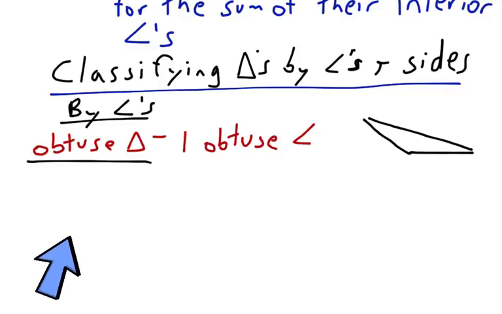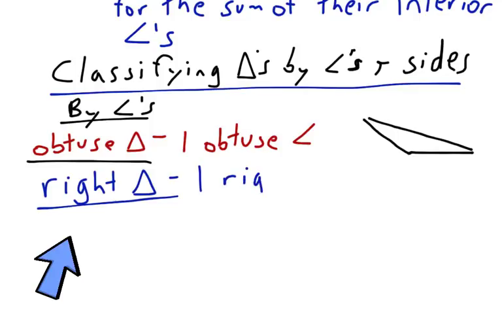Alright, next up, let's talk about a right triangle. And just like obtuse, it only takes one obtuse angle to be an obtuse triangle. It only takes one right 90-degree angle. And drawing an example of that, we're just going to draw 2 perpendicular line segments and then connect them.